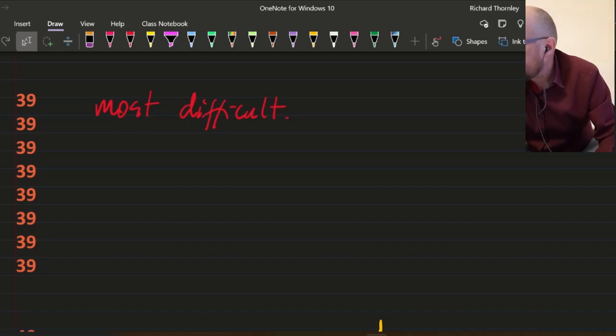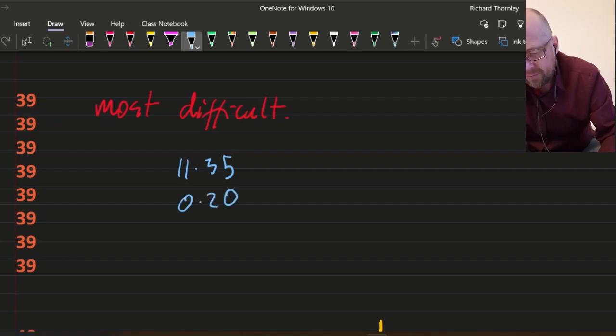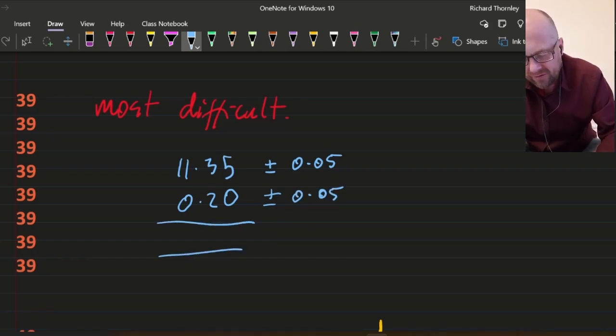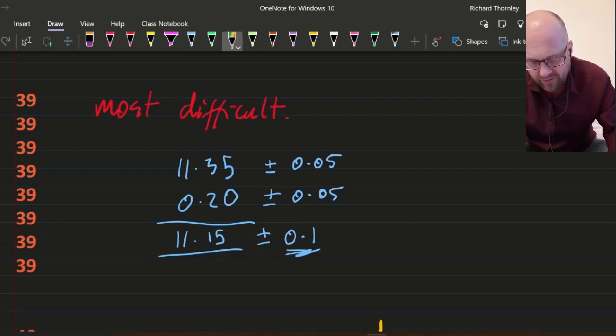All right then. So if I've got 11.35 and I'm down to 0.20, if that's plus or minus 0.05 and that's plus or minus 0.05, then the difference, just for this first trial, is going to be 11.15 plus or minus 0.1. And so there's the potential for confusion.